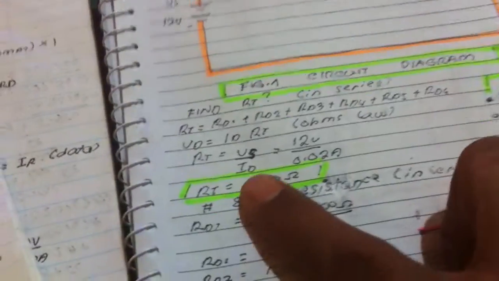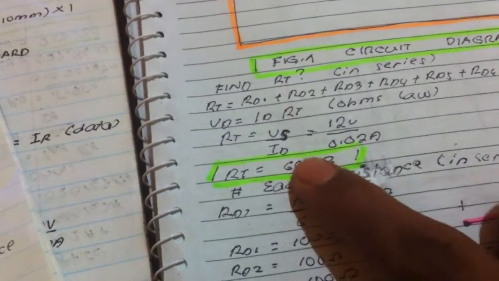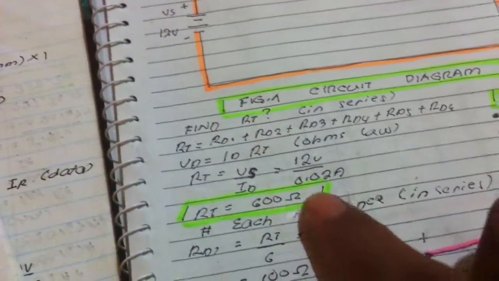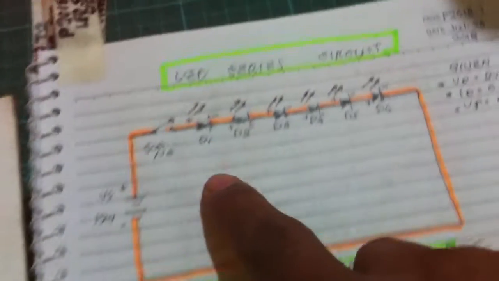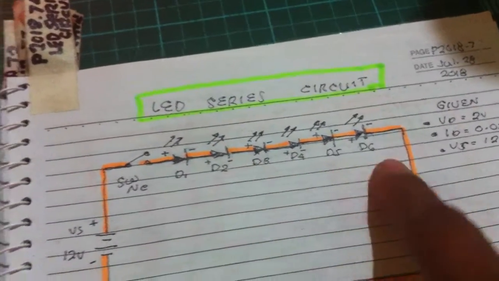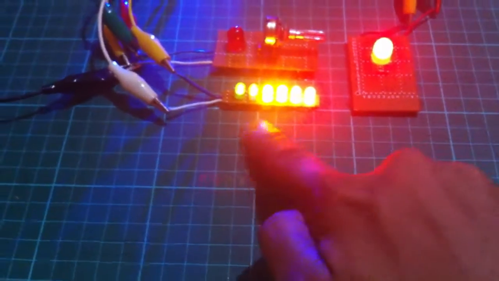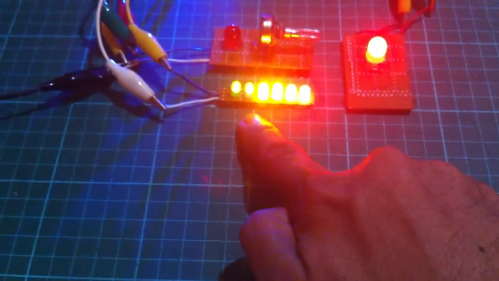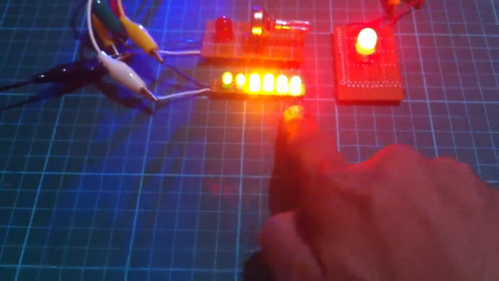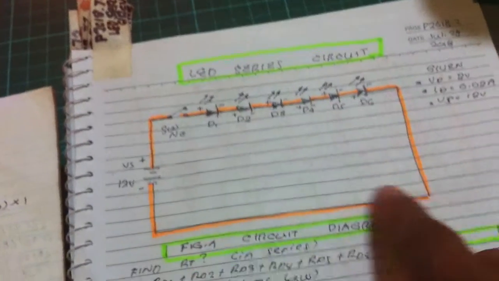Here we calculated that voltage supply 12 volts divided by the current here, 0.02 ampere, because all the LEDs here in series are turning on. It means each LED is receiving 2 volts here. That's why it's 0.02. Current in series is constant.